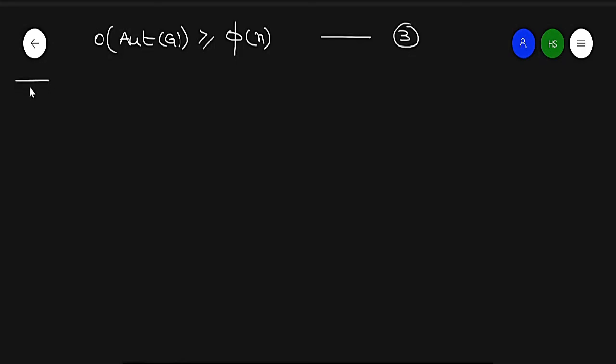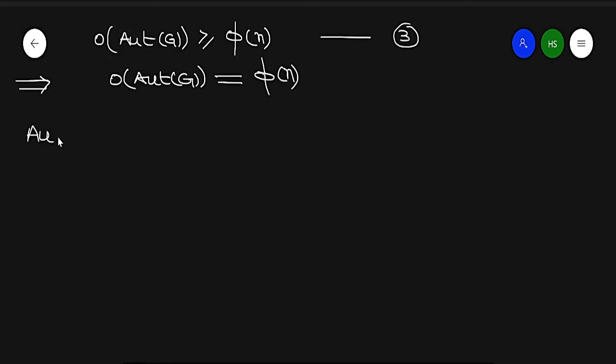If I combine equations 1 and 3, what do we get? The order of the automorphism of G is equal to phi n. So what is the automorphism of these values?